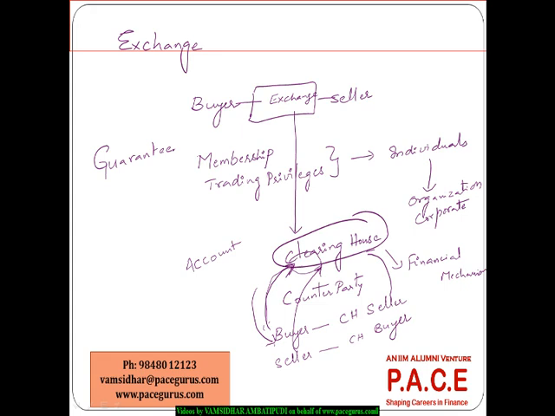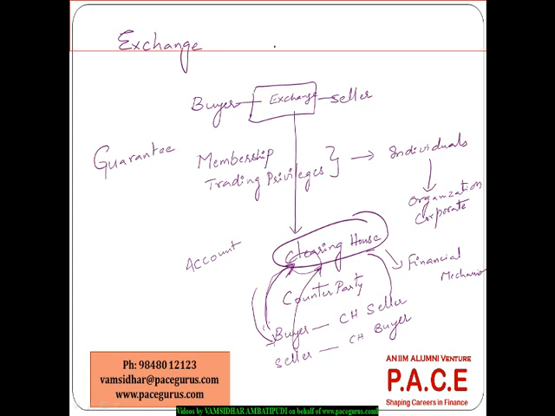Whosoever has gained for the day and whosoever has lost for the day, the clearing house is responsible for collecting the funds from those who have lost during the day and depositing them into the accounts of those who have gained during the day, and again entering into fresh contracts.